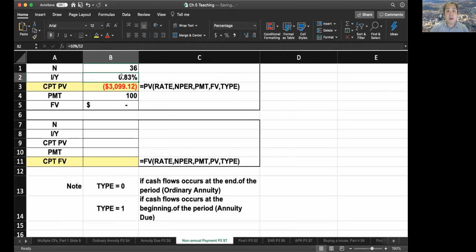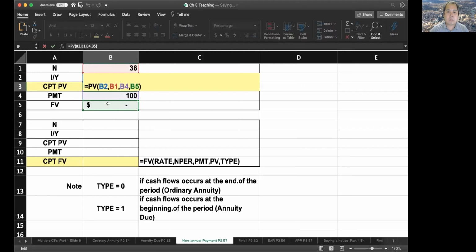Let me verify my previous answers, because it looks different, right? I think this must be wrong because, oh, that's why.